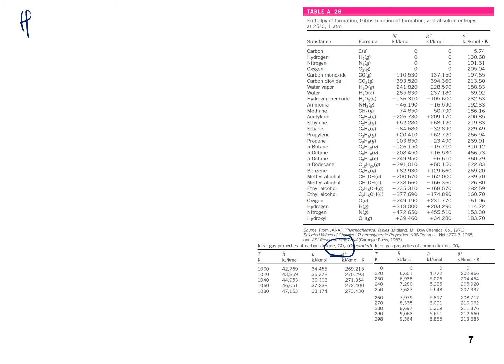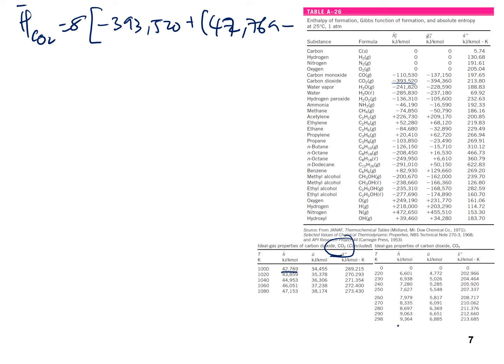Okay, so enthalpy untuk CO2 equal to 8. Kira balik semula tadi. Salah tadi yang tadi ya. 8 kali dengan carbon dioxide minus 393 520 plus yang ini 47, 42 769 minus 9364.